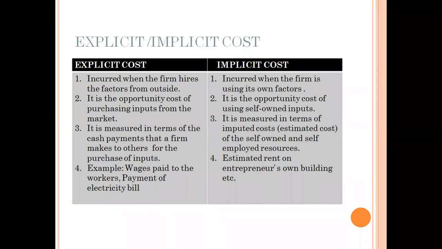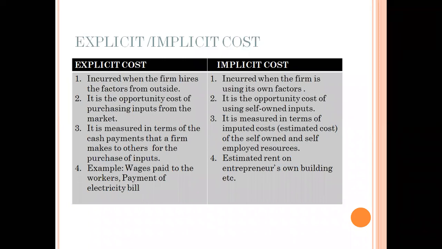Third point: explicit is measured in terms of the cash payments that a firm makes to others for the purchase of inputs, and implicit is measured in terms of imputed cost of the self-owned and self-employed resources. So explicit one is measured in terms of money, because we are making payment to an outsider, but implicit cost we are not paying to outsiders, but definitely it has a value also, because if I am not paying rent outside, I am paying rent to myself.